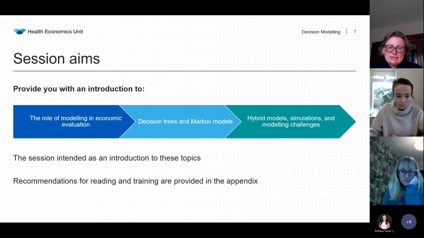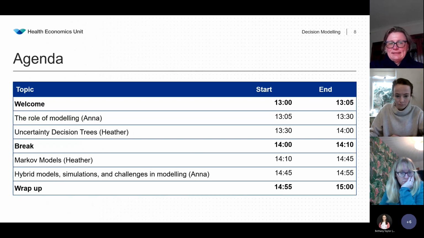Heather will introduce you to 2 main types of modelling, which are decision trees and Markov models. And then I will wrap up today by briefly touching upon hybrid models, simulations, and highlight some modelling challenges. So this is pretty much the plan for today. We'll have a 10-minute break at about 2 o'clock, and then we'll leave some time for questions at the end.